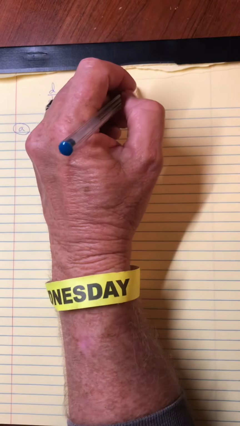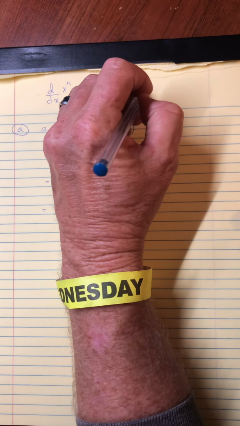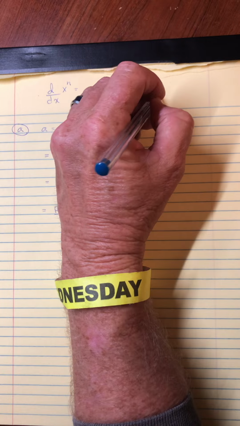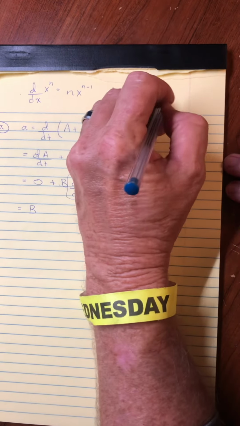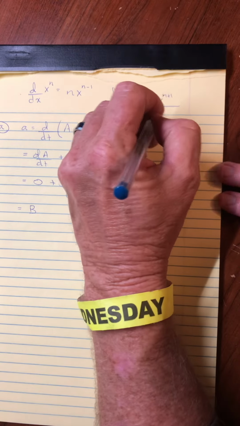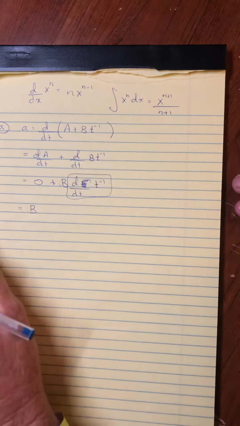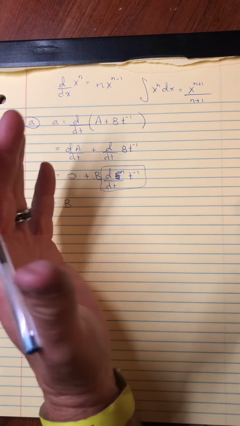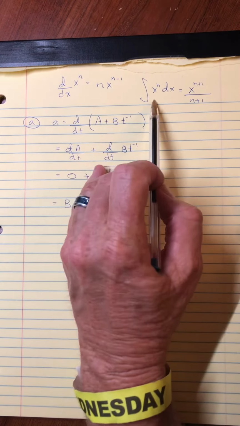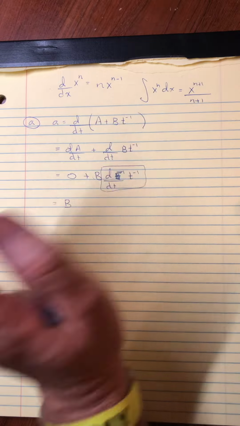Just like the antiderivative we talked about, you increase the exponent by 1 and divide by the new exponent. So that's our basic calculus that we need, taking derivatives and antiderivatives of power functions.